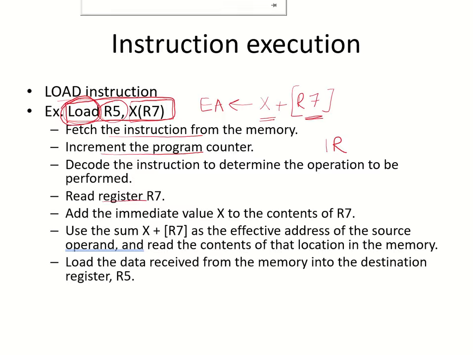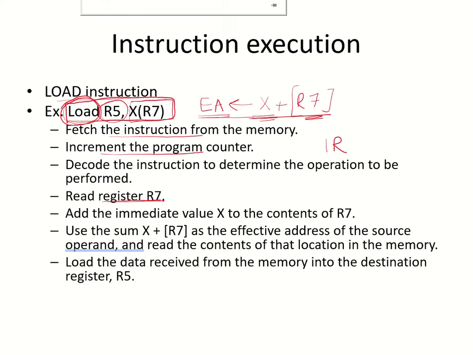Register R7 will be read, and these contents will be taken to the ALU. The immediate value X will also be taken to the ALU, where they will be added up to determine the effective address.